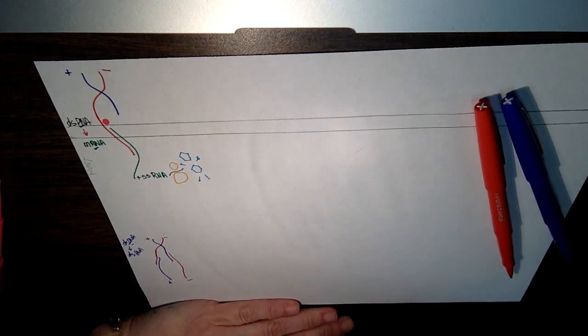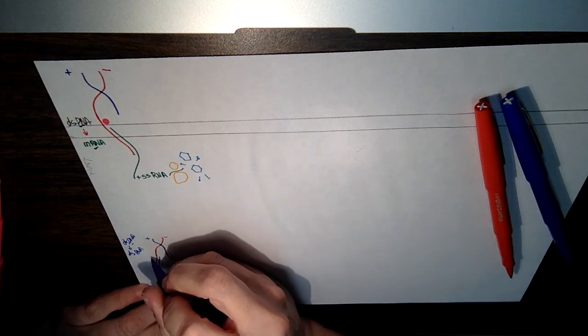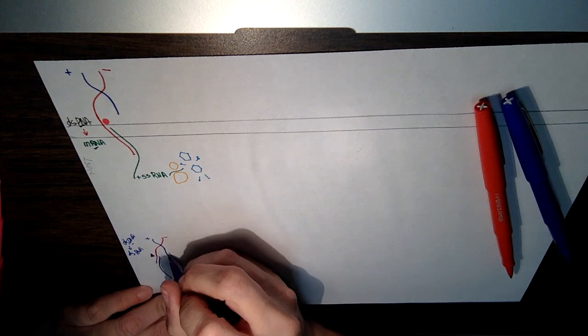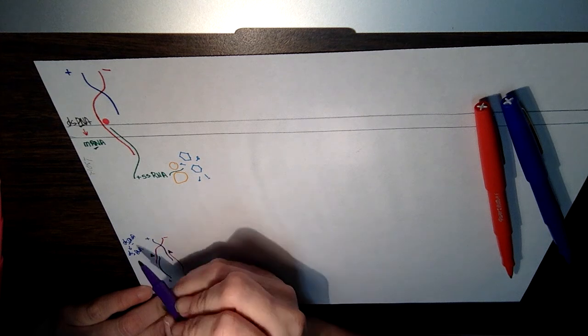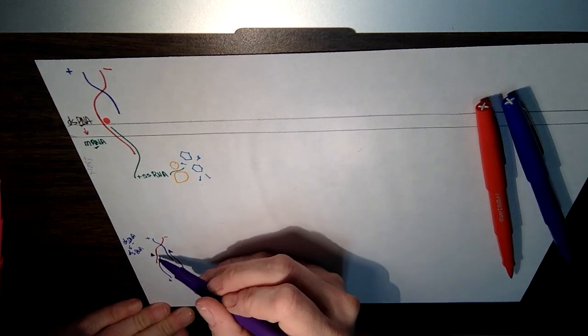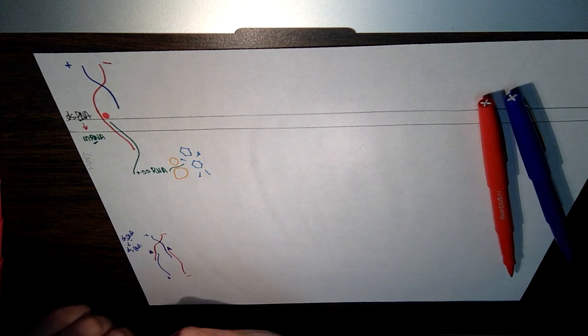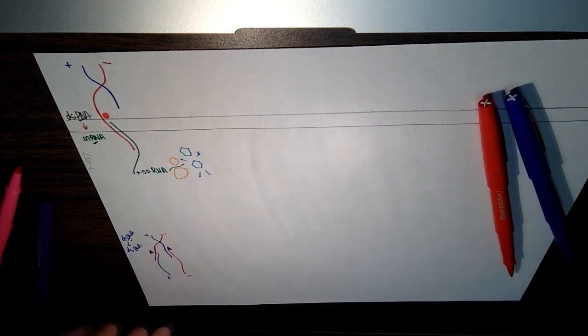Now what enzyme comes into play for that one? If we're going from DNA to DNA, it is the DNA polymerase, which was the little triangle enzyme. So we're going from DNA to DNA, so we need DNA polymerase. It attaches to each of the template strands and it makes a copy. And so now we're good, we're done.